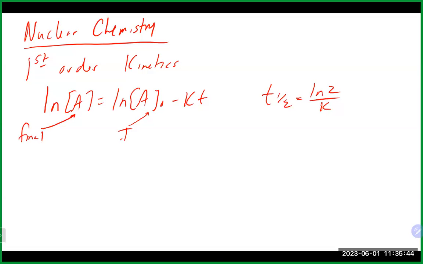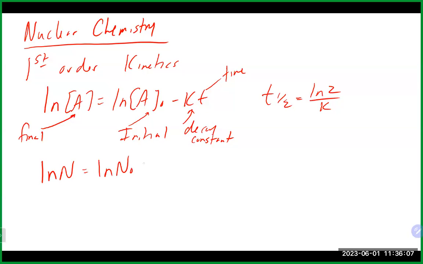That's still your initial. And really, the k here is usually referred to as the decay constant instead of the rate constant, as it's a measure of radioactive decay. And our time here is our t. And again, sometimes they will use some different symbols. Sometimes you will see something like the natural log of N is equal to natural log of N naught minus kt.